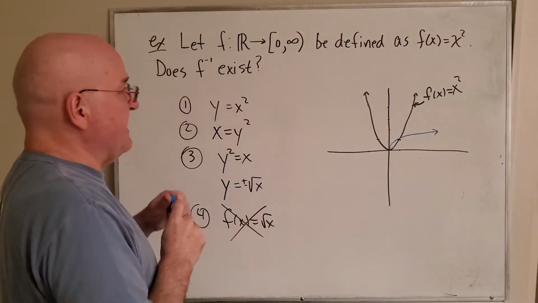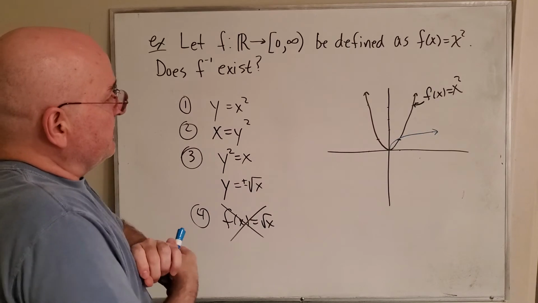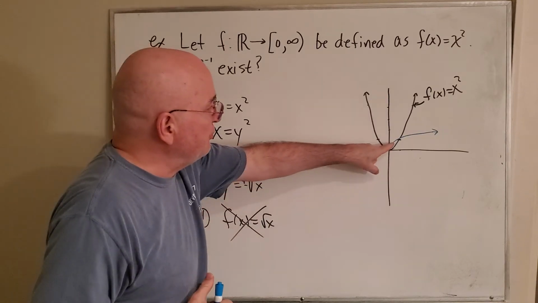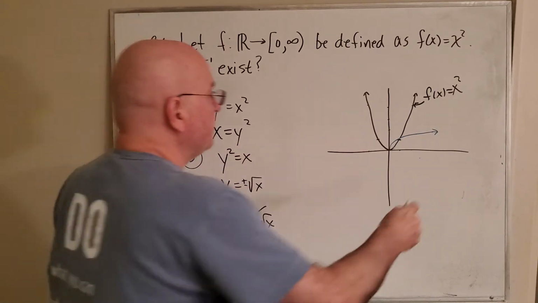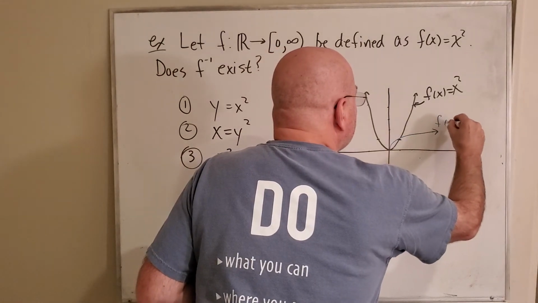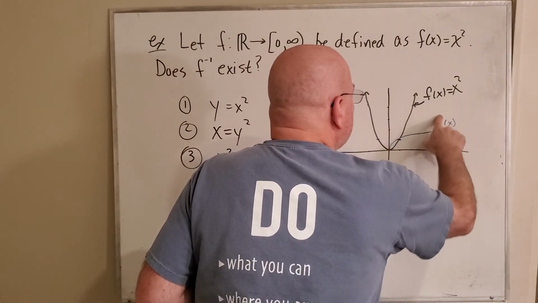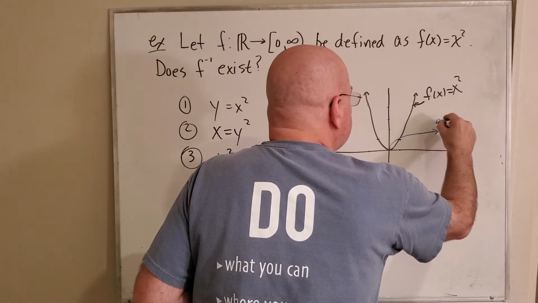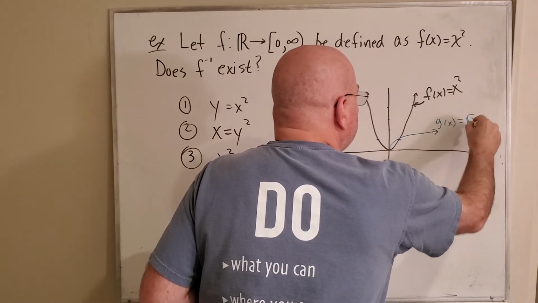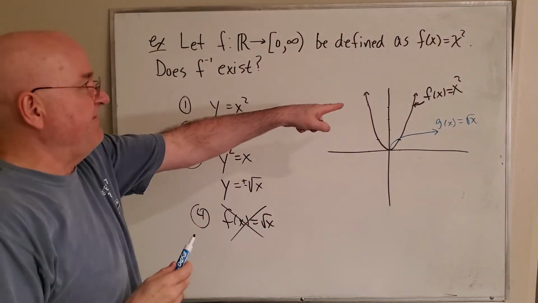And notice that this blue graph, the square root of x, well, I don't want to call it the same letter, so I'm going to put g of x equals square root of x, since f is x squared.